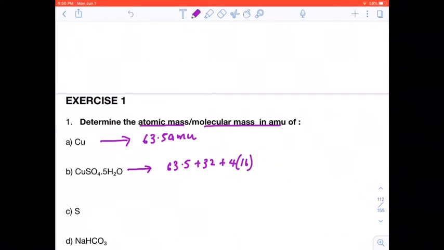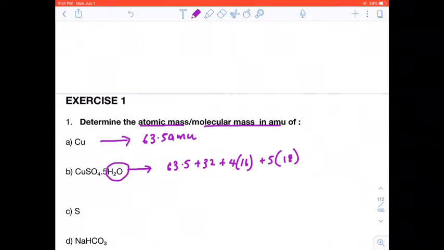Plus, if we look at now, we got 5 H2O, which means it's 5, correct? Times, I'll just do this in one step. We know hydrogen is 1, so there's 2 plus oxygen is 16 is 18, so it's 5 times 18, right?